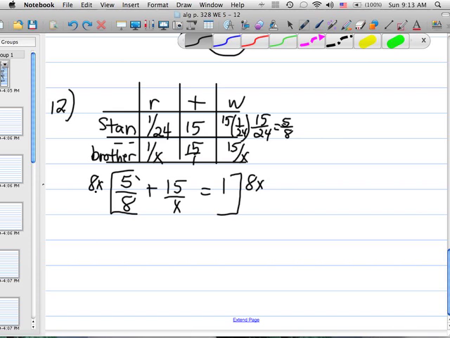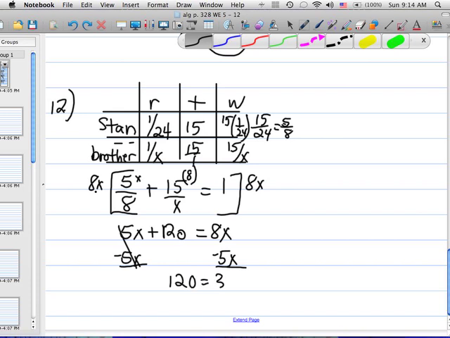Eliminating the denominator, we need the denominator of 8x. So 8 goes into 8x, leaving me the x. That's 5x. The x's cancel, leaving me the 8. That's 120. Equals 8x.